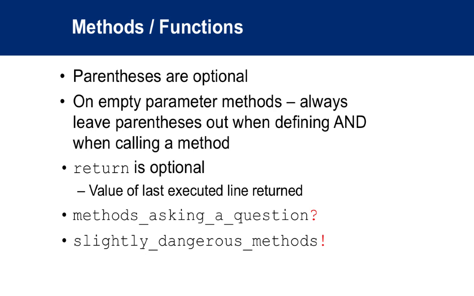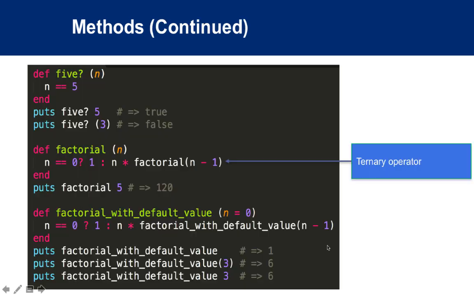And if you don't specify return, the value of the last executed line is returned. Another interesting thing in Ruby is that because Ruby is so expressive, you could have method names that have a question mark in them, or that have an exclamation mark in them.